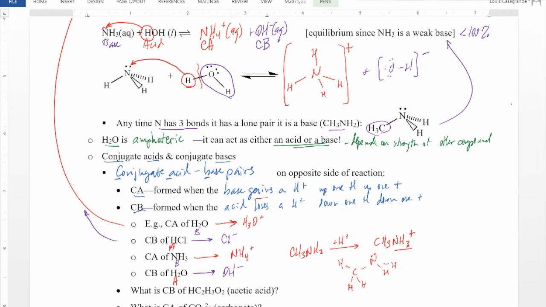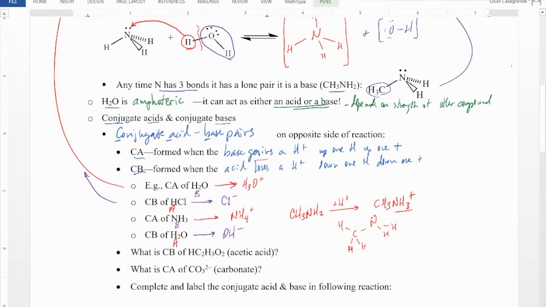Okay, so we always have a conjugate acid, conjugate base. You don't need to have the reaction to know what the conjugate acid, conjugate base is. If we look at acetic acid, and I've written it this way, HC2H3O2, there's our acid.